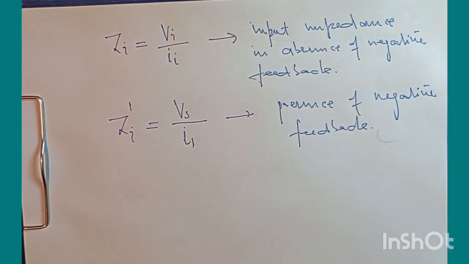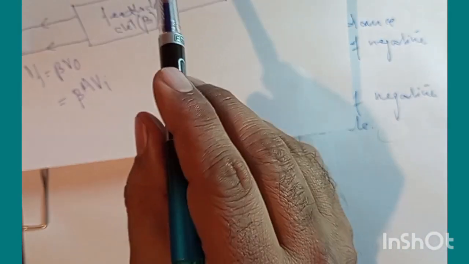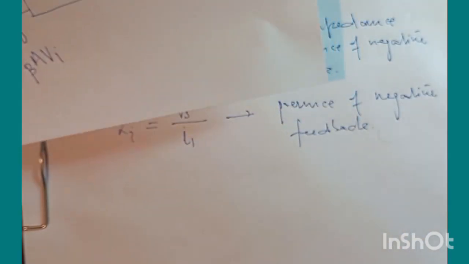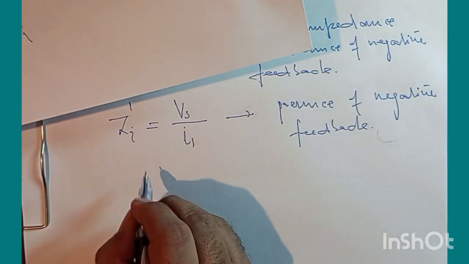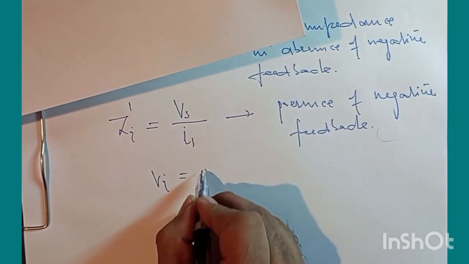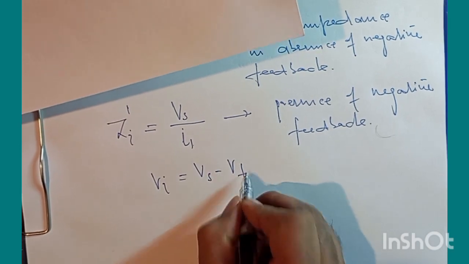Now, if we go back to our situation, once there is a loop gain in the given system, we can write down Vi equals Vs minus Vf.